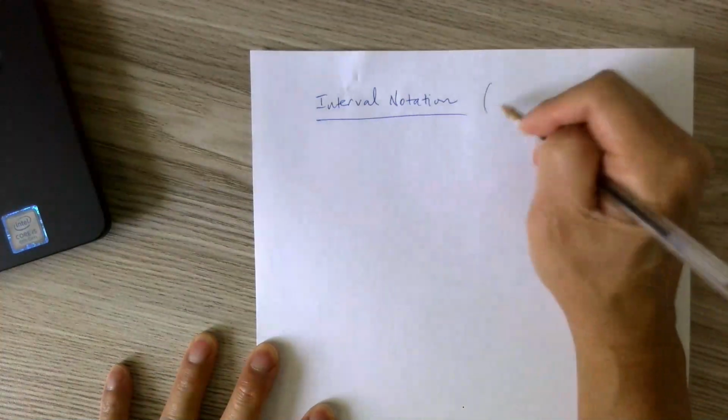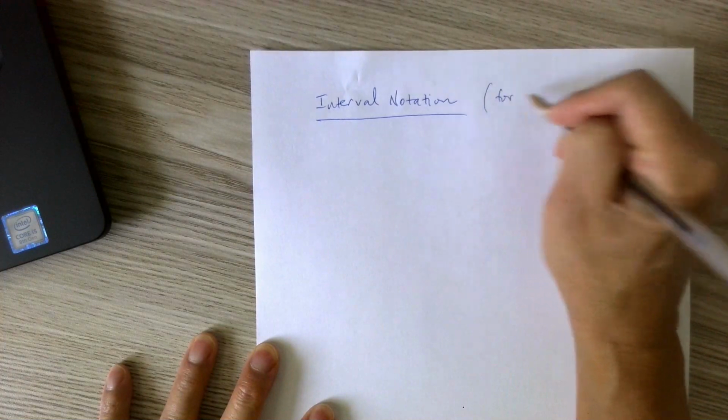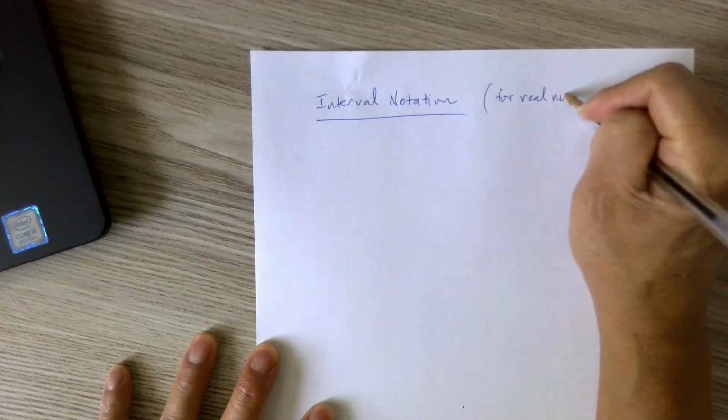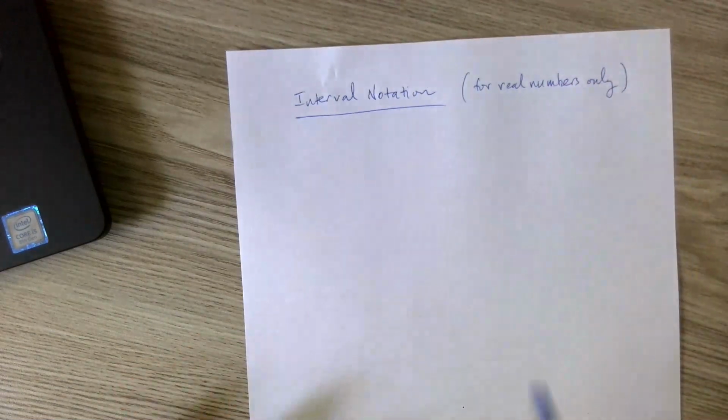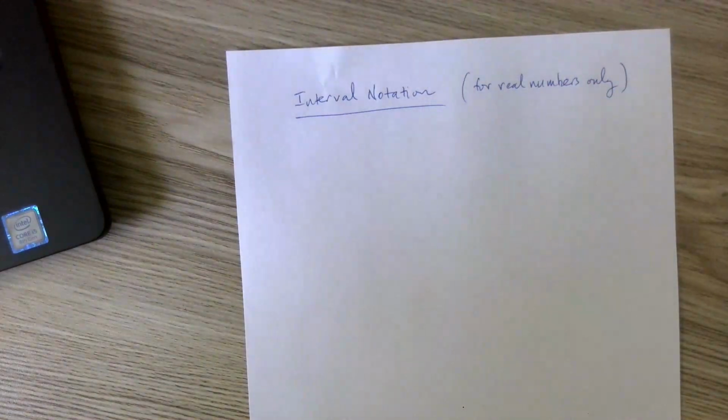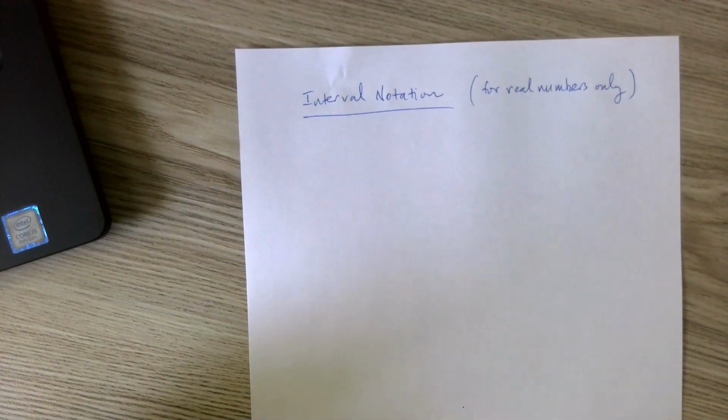Interval notation can only be used for real numbers. And by that I mean you can only use it if the set includes all types of real numbers between any two endpoints.